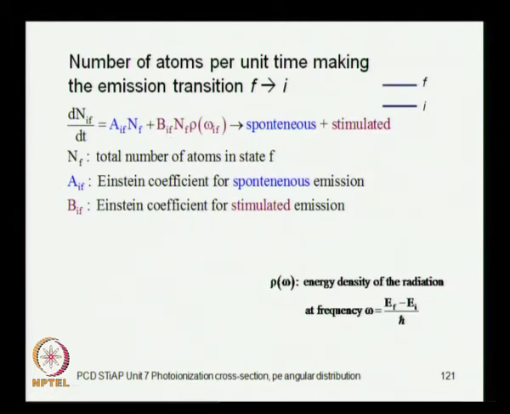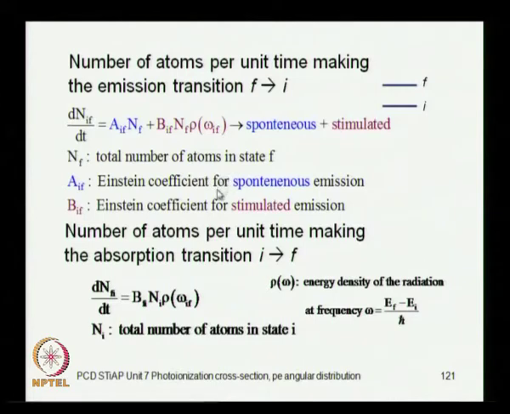So there are three Einstein coefficients to talk about. The rate at which the population will change is determined by the number of atoms per unit time making the absorption transition from I to F, which will be given by this rate expression.